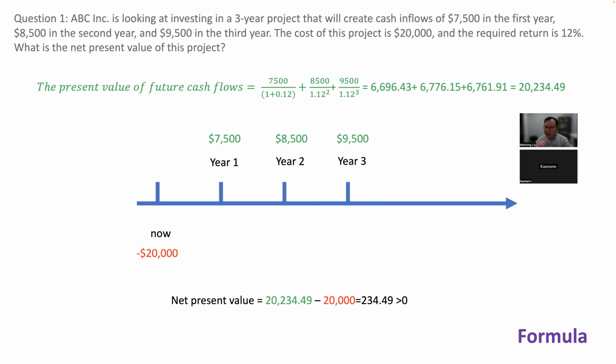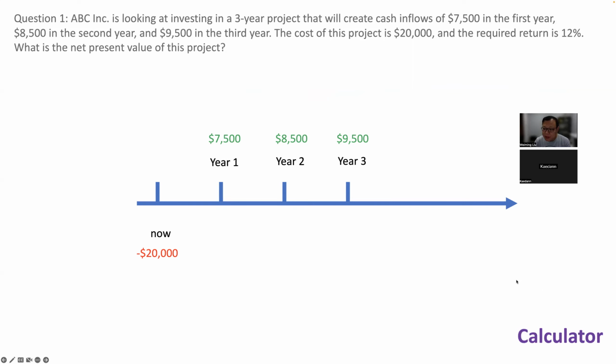If you want to do it mathematically, a calculation by hand, right, using a calculator, we also can do this using a financial calculator. Given there are only 3 cash flows, it's manageable. We can enter this information into a financial calculator.